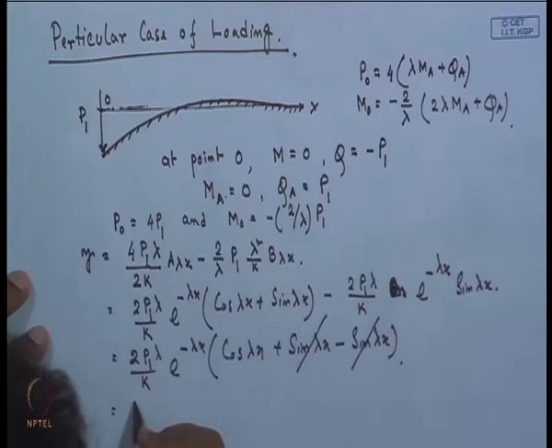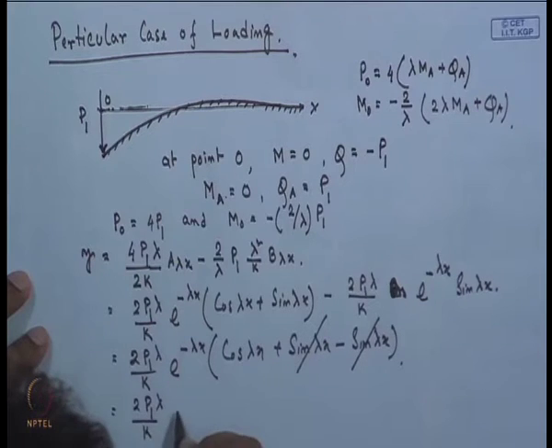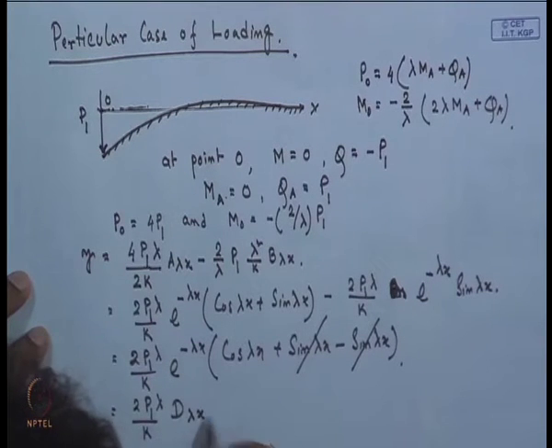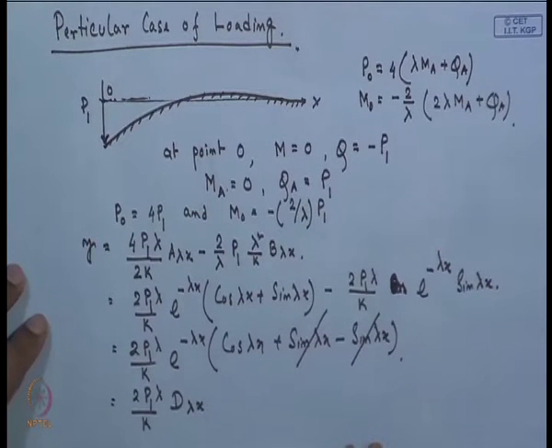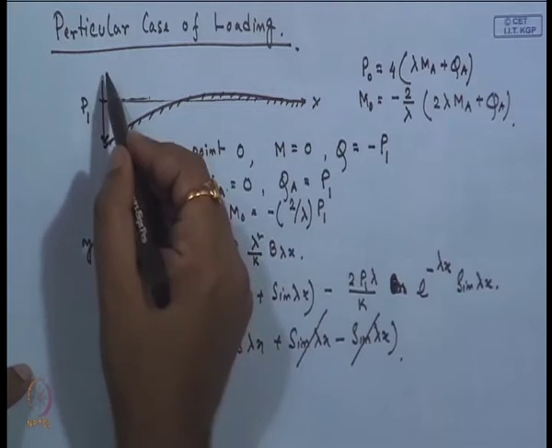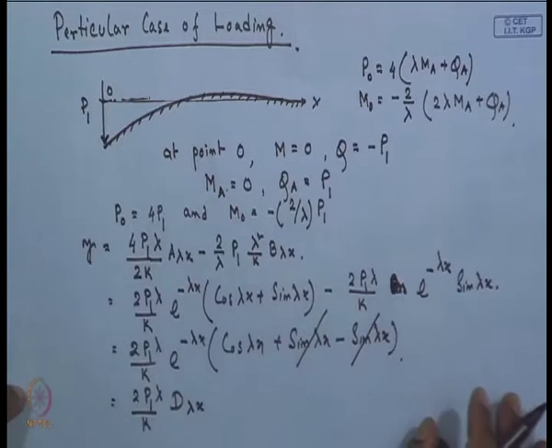So, the final expression will be 2 P 1 lambda by k into D lambda x. This will be the final expression for the deflection of this condition where at this end we are applying a concentrated load P 1.